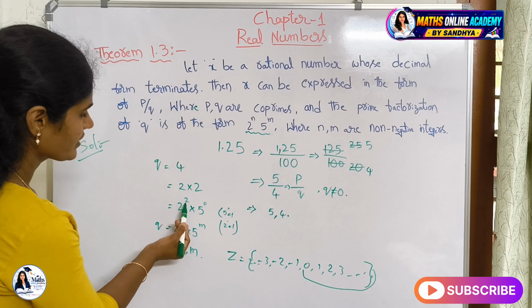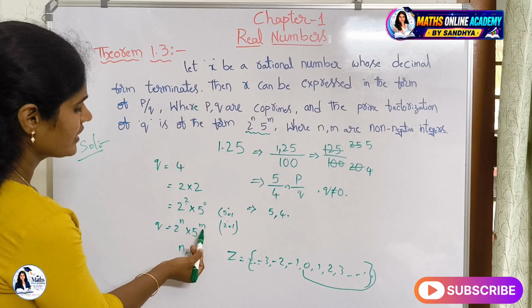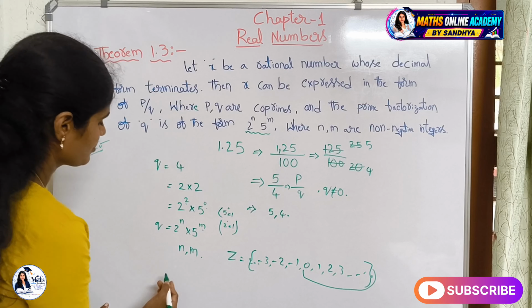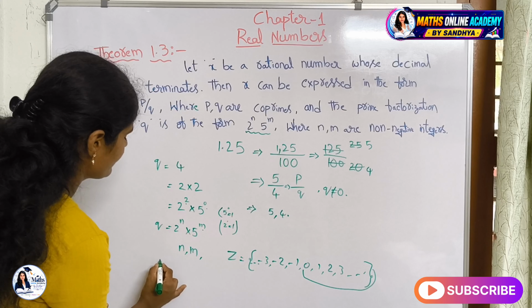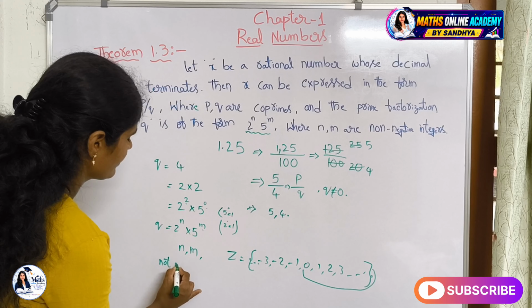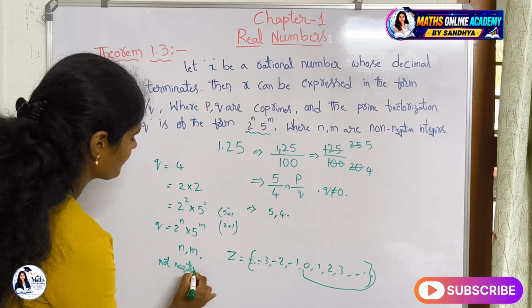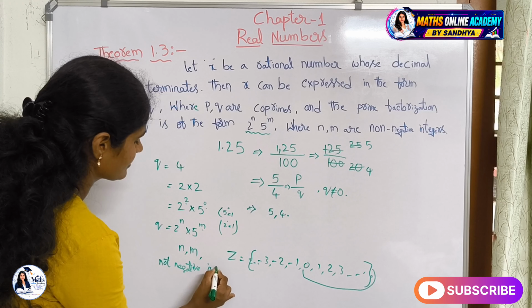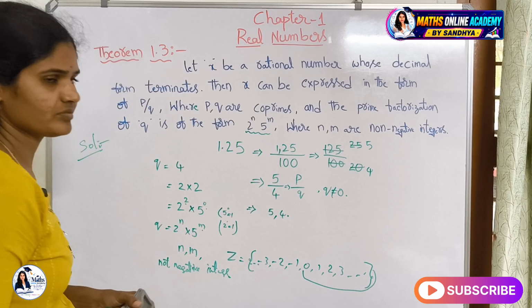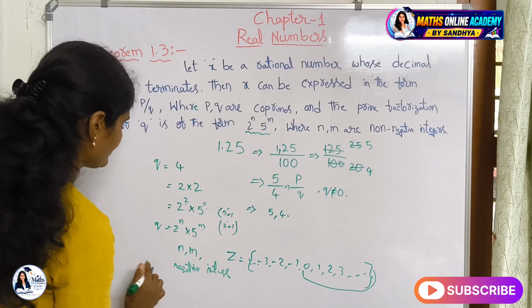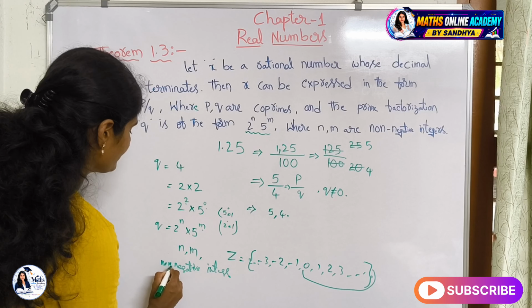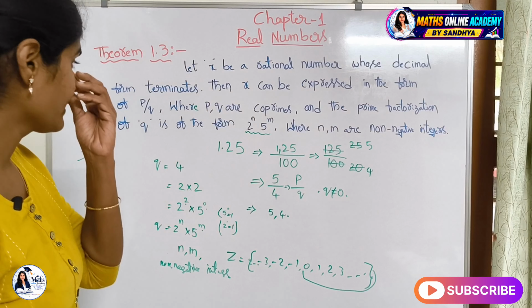So here n value is 2, m value is 0. So n comma m are non-negative integers.